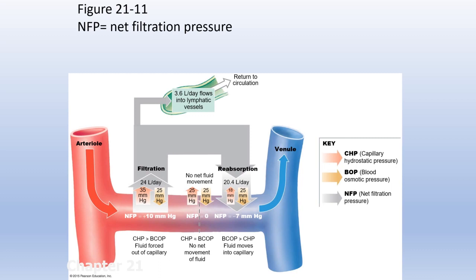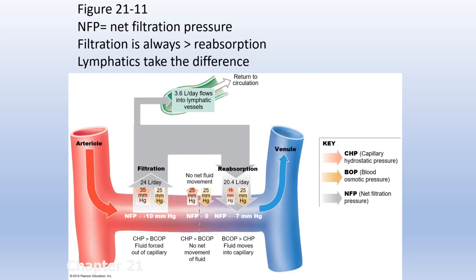What this creates is a net filtration pressure. You have the pressure of filtration, the pressure of reabsorption, and the difference between those two is the filtration pressure, because you guys already know that there is more filtration than reabsorption. And this is true. There is always more fluids leaving the capillary than being reabsorbed into the capillary.